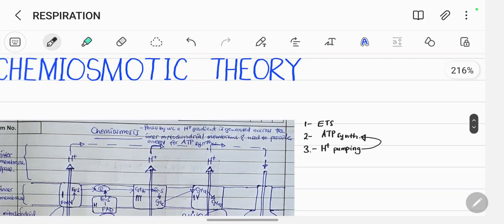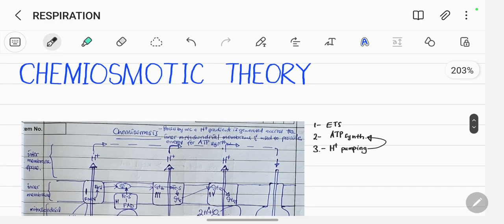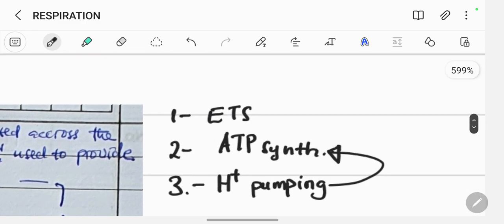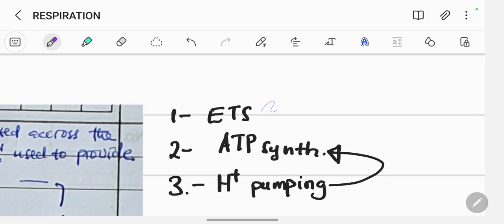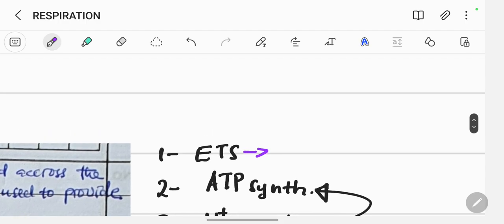So what happens is that our electron transport system provides, as electrons are moving, the energy that is needed to pump hydrogen ions into the intermembrane space. So this one is just giving us that energy. These electrons are carrying some energy.